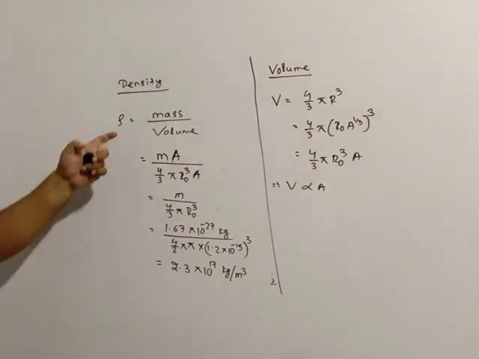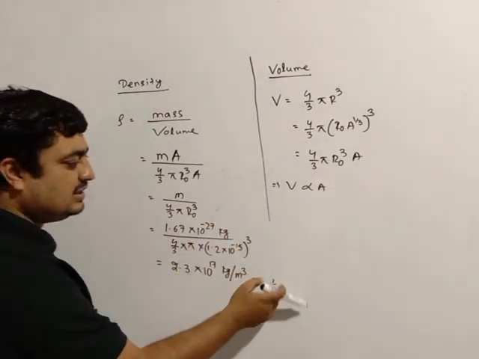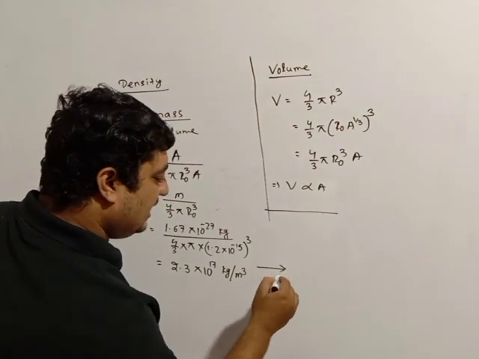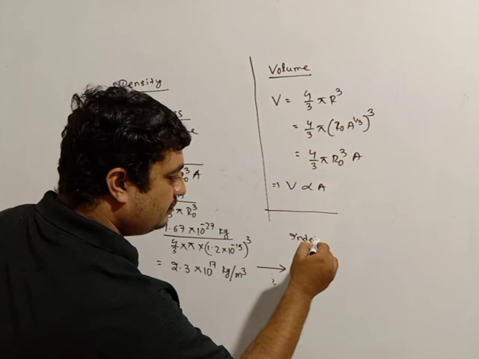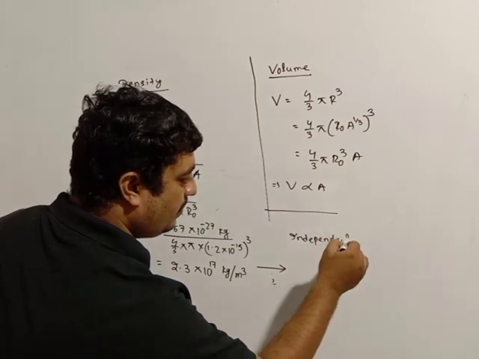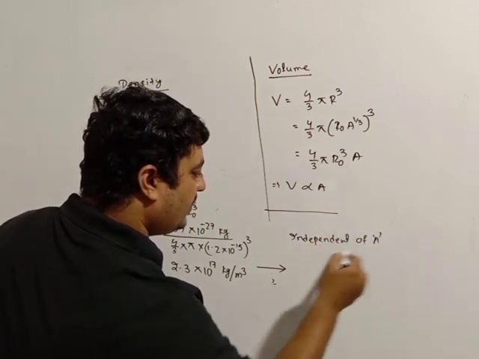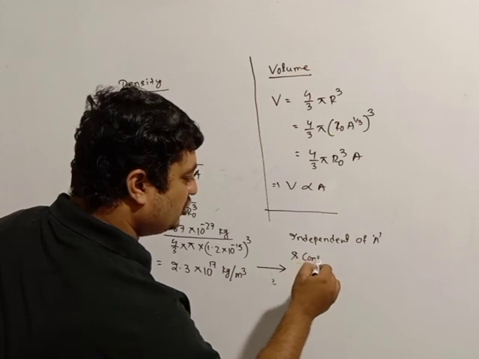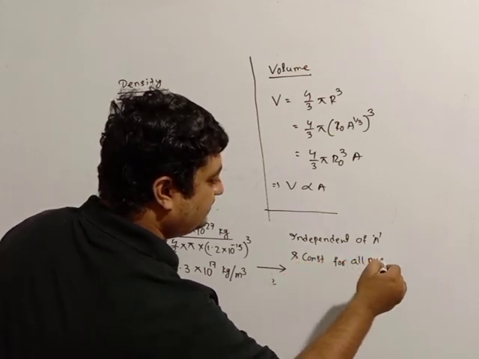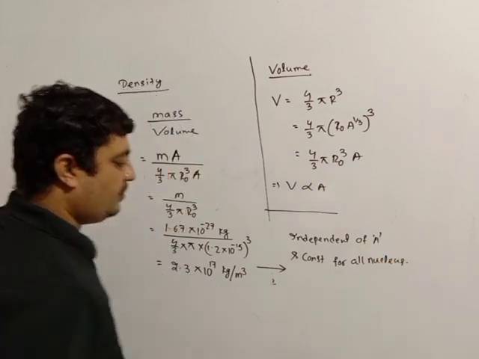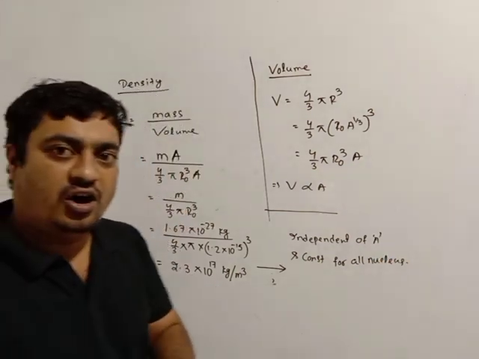So the density of the nucleus is constant. It is independent of A, and constant for all nuclei.